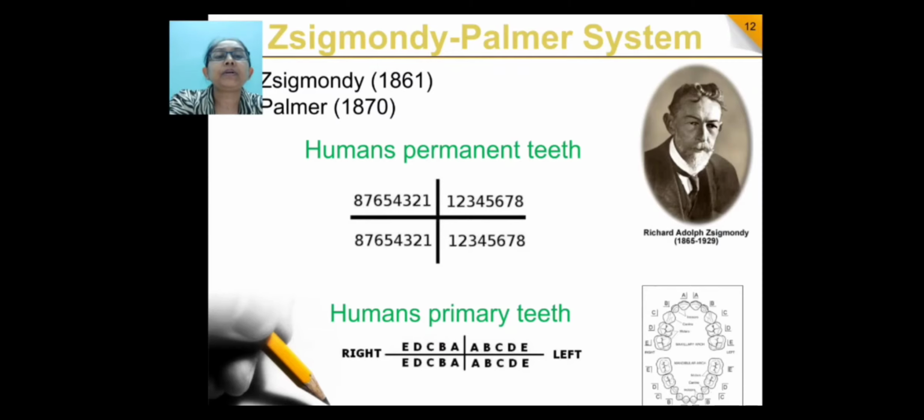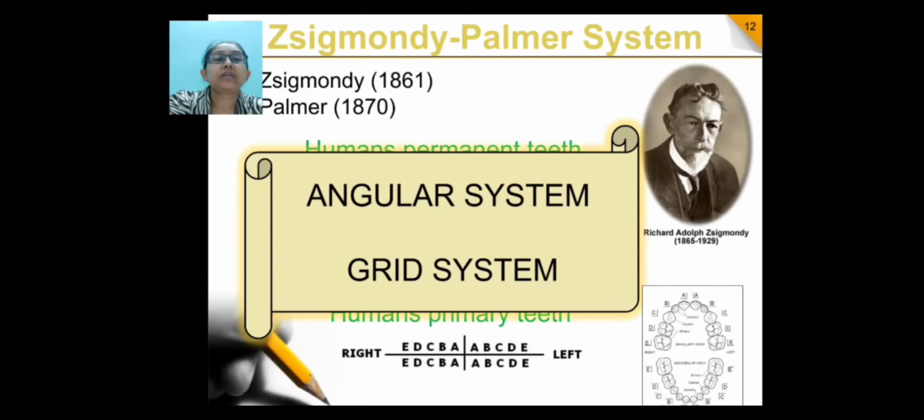Later, Palmer introduced the human primary teeth nomenclature, A to E on either side. This system was also known as the angular system or the grid system. The main advantage was that it was easier to record the data, but it was difficult to verbalize the system.